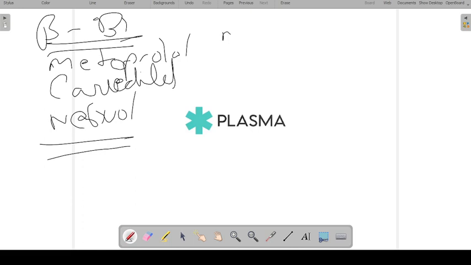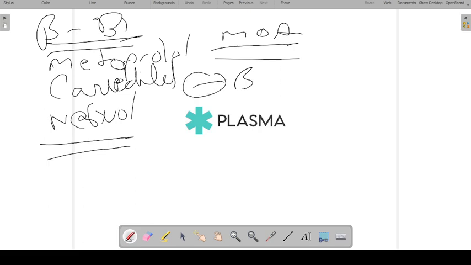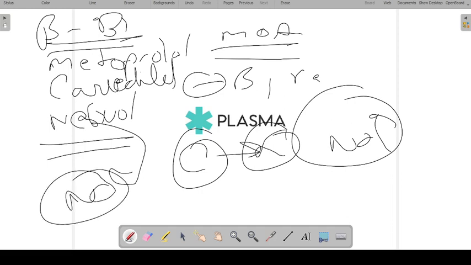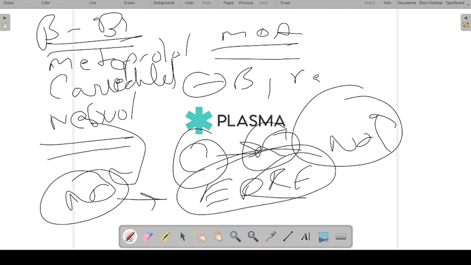The mechanism of action here is that they block beta 1 receptors. Carvedilol also blocks alpha receptors, and nebivolol also releases nitric oxide, that is the endothelium derived relaxing factor.